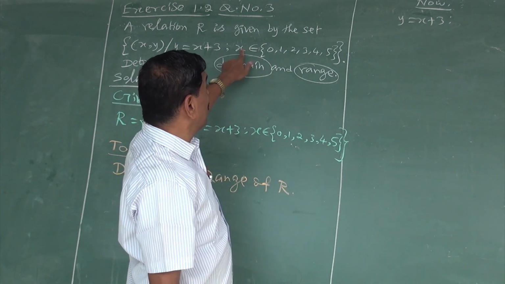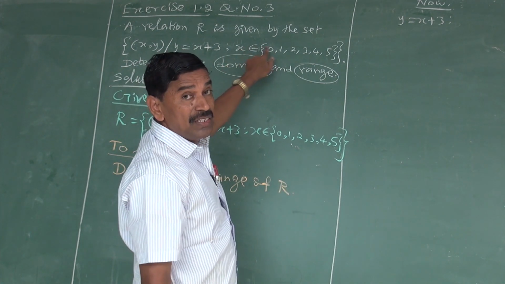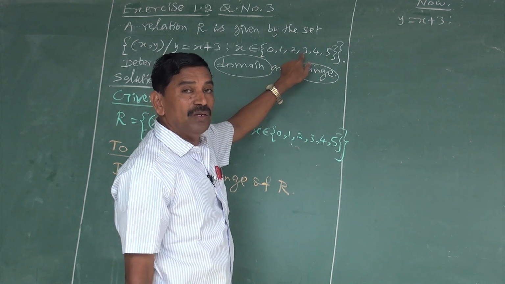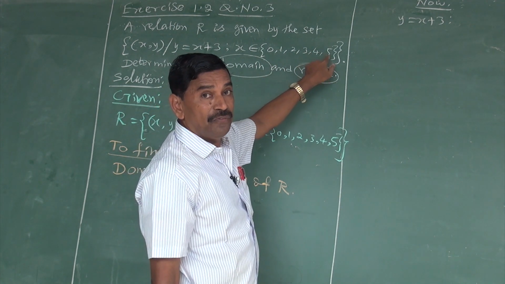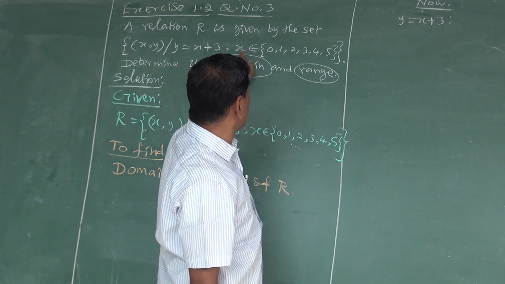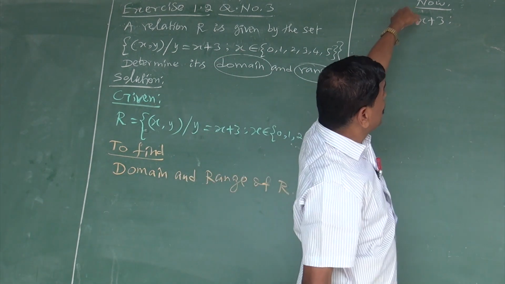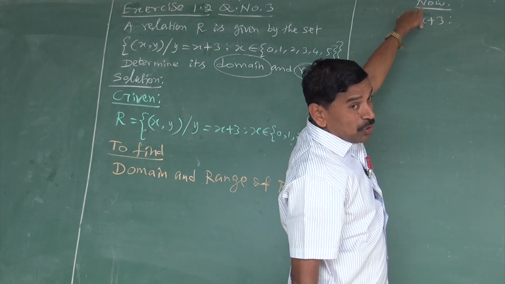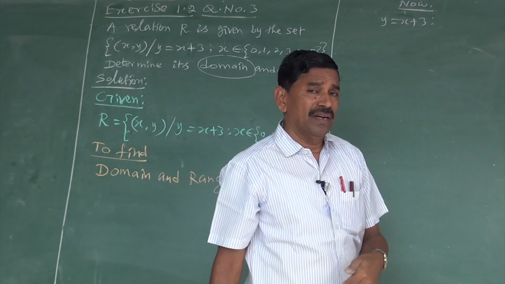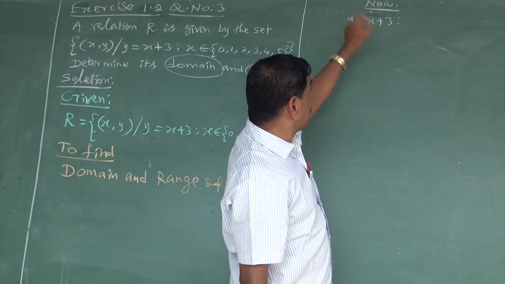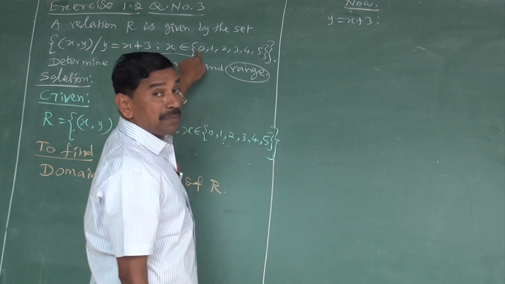Listen, the condition is x can take the values 0, 1, 2, 3, 4, 5. So x can take the values from 0 to 5. That is important. We can't substitute x equal to 6, 7, 100,000 like that. Under the condition x can take the values from 0 to 5.